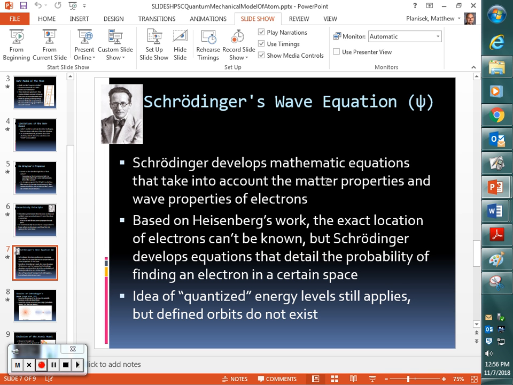Good. Schrödinger's picture of the atom is based on probability. We can't know exactly where something is and exactly how fast it's going. But we can make a guess.